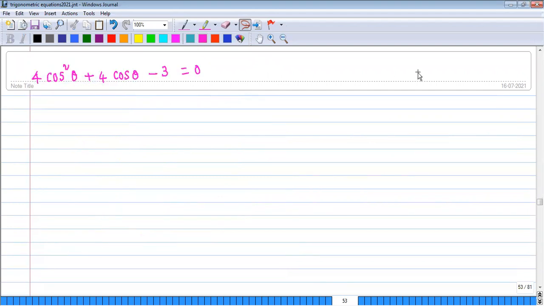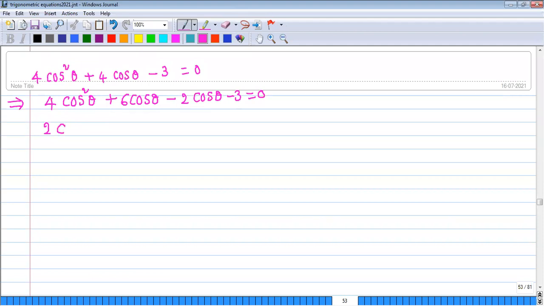Right. So for our convenience, this can be written as 4 cos square theta plus 6 cos theta minus 2 cos theta minus 3 equals 0.